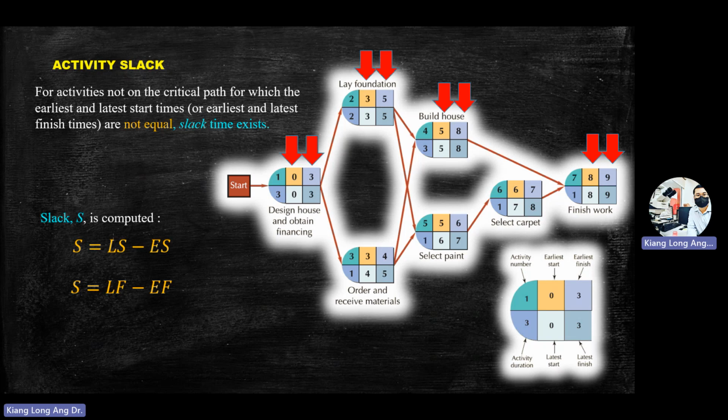But for others you can still have slack, for example activity number 3. You can have 1 month to play around. 4 minus 3, you get 1. Here also the same: 6 minus 5, 1. Meaning for activity number 3, you have 1 month to play around. Your backup plan, the latest delay you can have is 1 month.